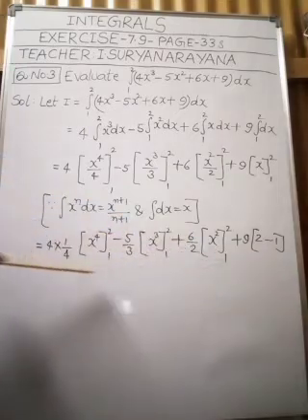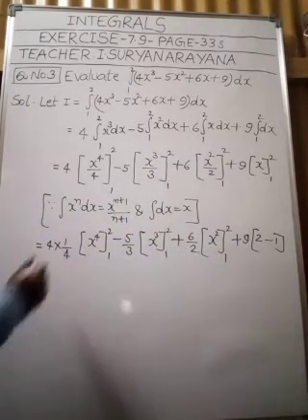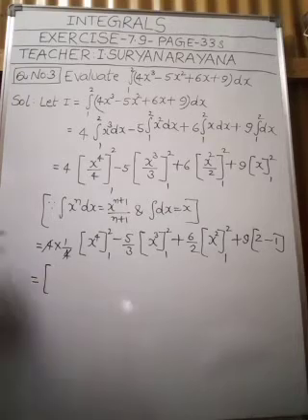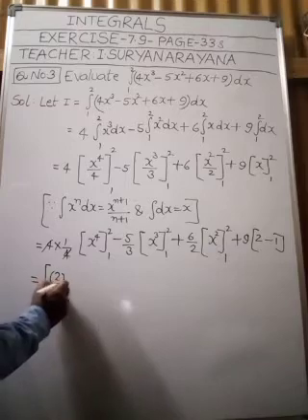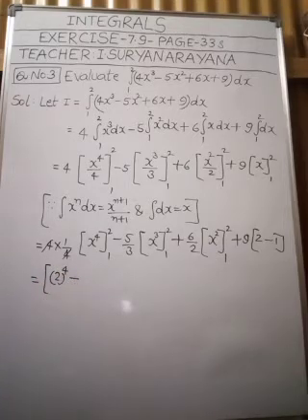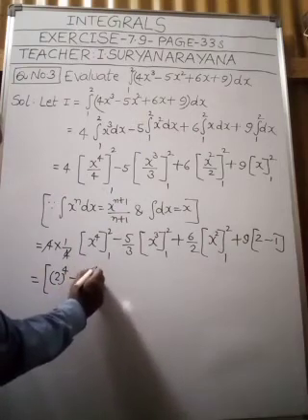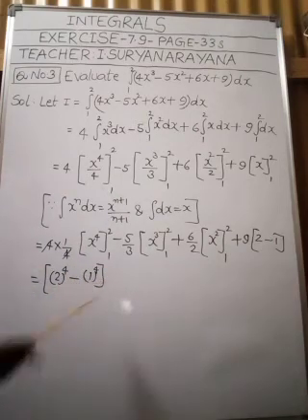Understood this step? Here 4 gets cancelled. Here in this function, first we substitute upper limit, that is 2 power 4 minus lower limit. What is lower limit? 1. So 1 power 4. Understood this one?